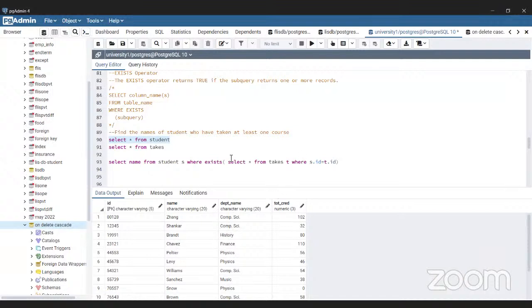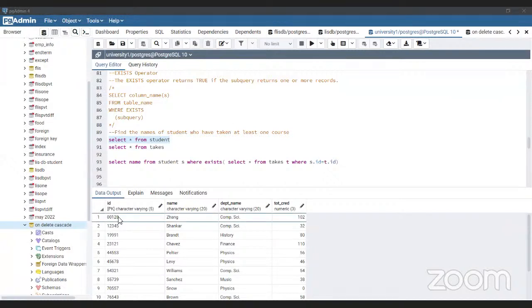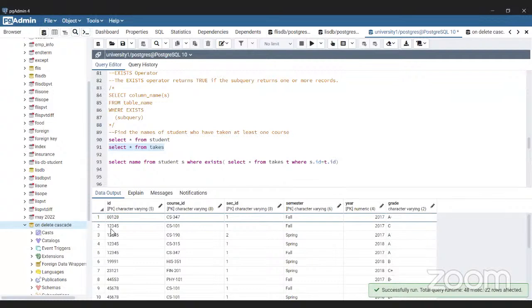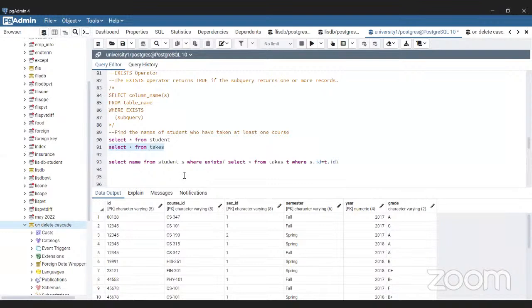Actually, S.ID means we pick up one ID at a time. Suppose we pick up 00128 from the student table, and we check whether 00128 is present in the takes table or not. Then we pick up another S.ID and check whether this student ID is present in the takes table or not.